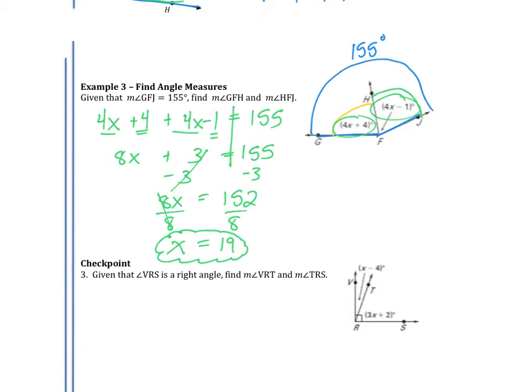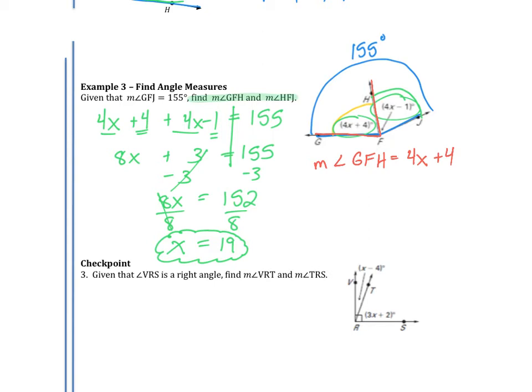So x is 19, which is great, but what do they want us to find? We need to find the measure of angle GFH and HFJ. So go to red. The measure of angle GFH is equal to GFH is 4x plus 4.